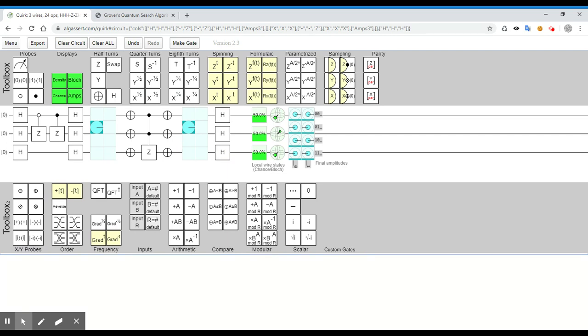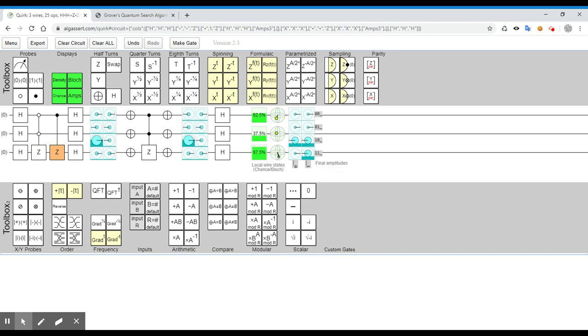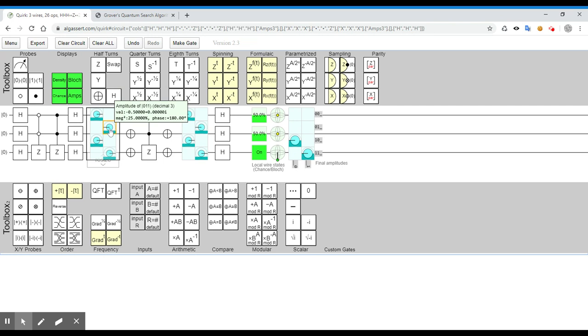Now, let's say that you flag the 1, 0, 0 and 1, 1, 1, right? Now it's becoming interesting.